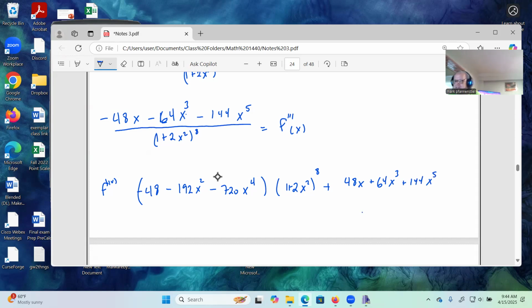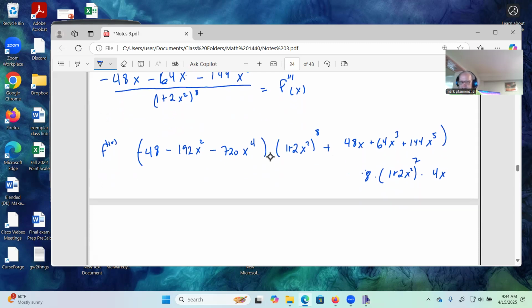I'm just going to do that down at the bottom here, so we're going to say 8 times 1 plus 2x squared raised to the seventh power times 4x. So we have to do the bottom here. So times 4x could be the product rule. Okay. So that's my derivative of the bottom. So it's all of this times this piece over here.